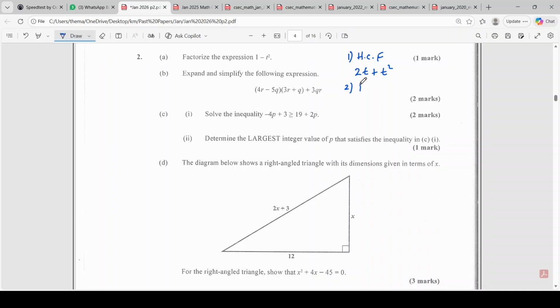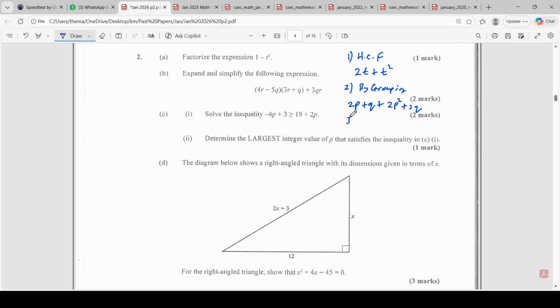Next one we did was by grouping. By grouping, we will always have 4 terms. So we might have 2p plus q plus 2p squared plus 3q, right? From the time you see 4 terms, we have to do factorizing by grouping.